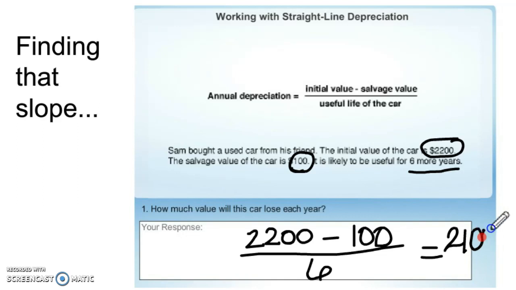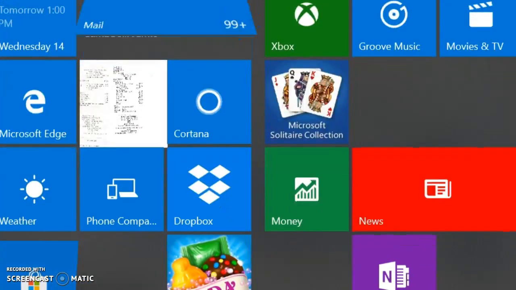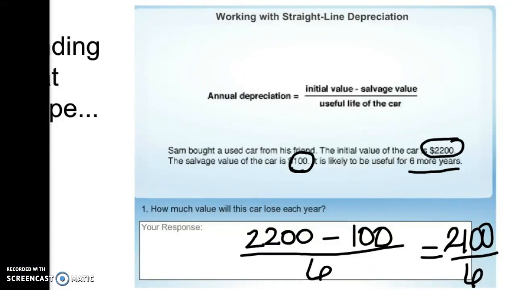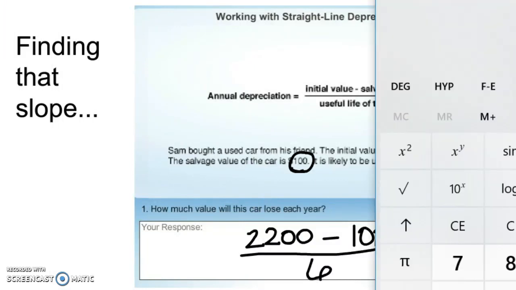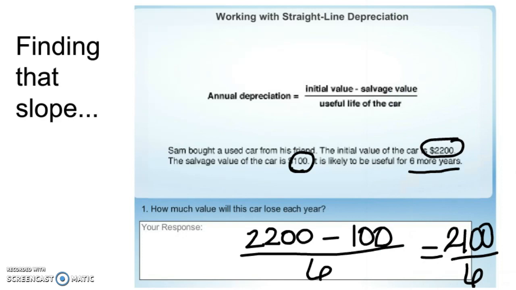So 2,100 divided by 6. And if you break out your calculator and do that, let me break out mine. $2,100 divided by 6 is 350. $350.